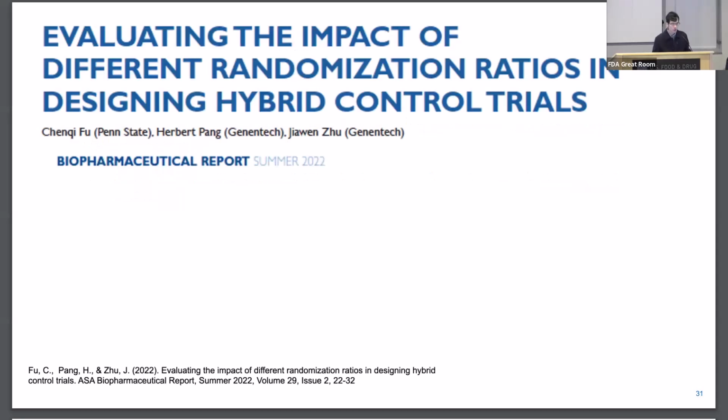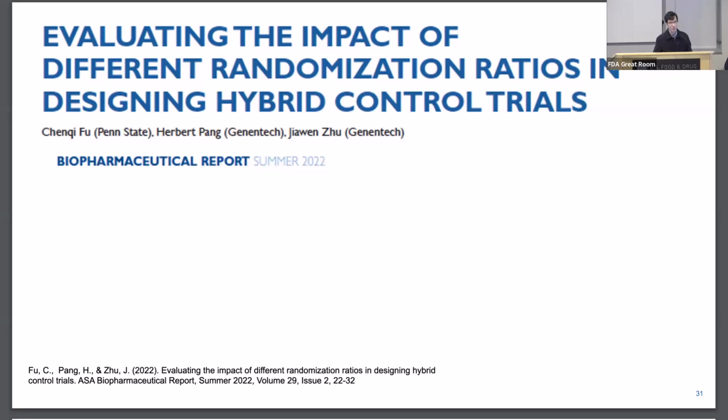I think this point was also touched upon by Jack when he talked about turning the different knobs, different parameters that can go into it. One of the questions that came up during our monthly meeting with the FDA on the grant is the randomization ratio. So how do you choose and understand that?